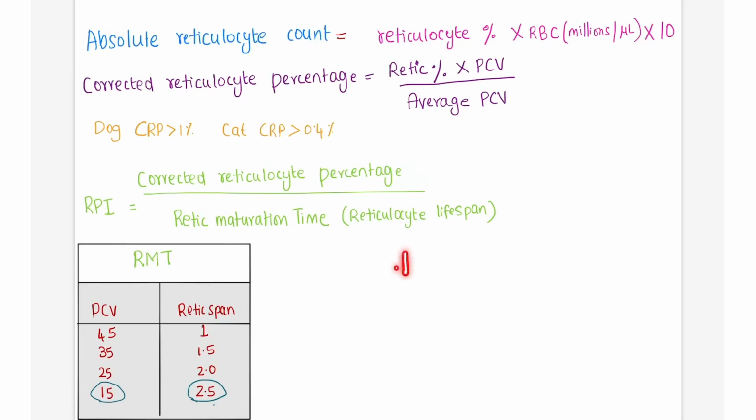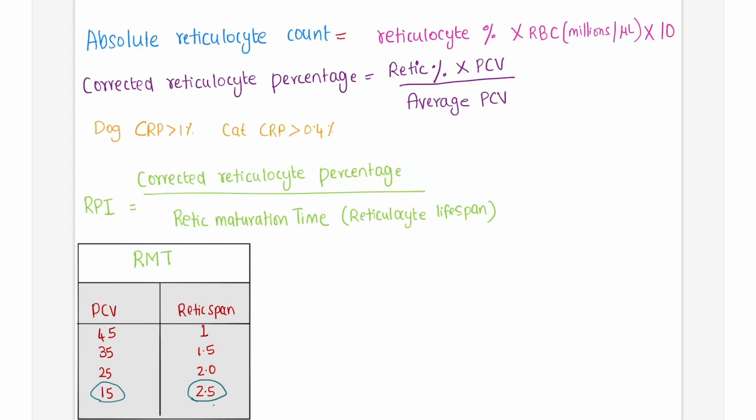If the PCV is really low, then RMT is going to be high, because if the anemia is very severe, where the PCV is less than 15%, then the bone marrow takes time to produce immature erythrocytes, and those immature erythrocytes take another 2 or 3 days to become mature erythrocytes, and then those mature erythrocytes will compensate the anemia.